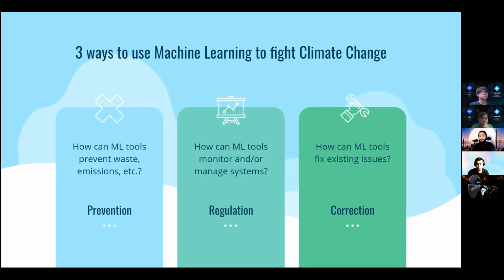So we want to regulate those activities. We also need to look into how you can limit such activities via regulation. And correction finally is how we can make amends for our past mistakes, like how we can maybe reduce the holes in our ozone layers and reduce the greenhouse gas levels in our atmosphere.